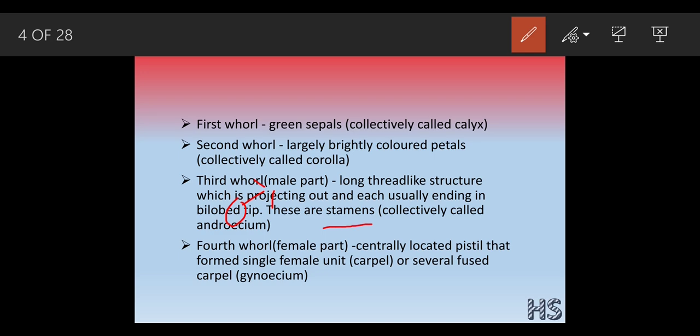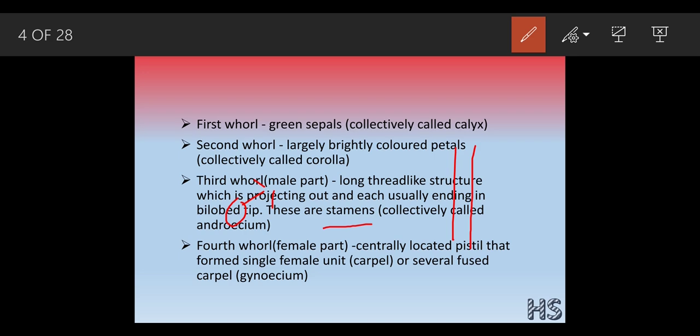Let's understand the structure of this part. It's a long thread-like structure which is projecting out. It moves out of the flower. Why does it move out of the flower? Because of pollination. You have already heard about this word in your 8th standard.